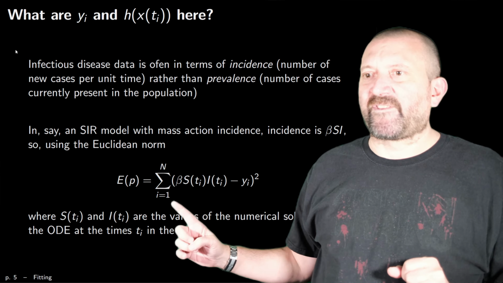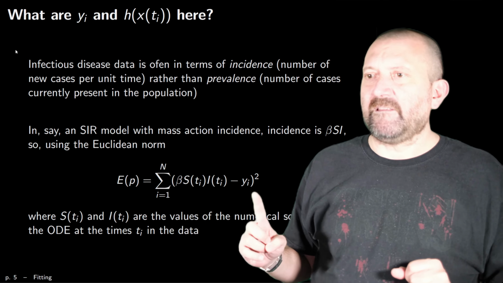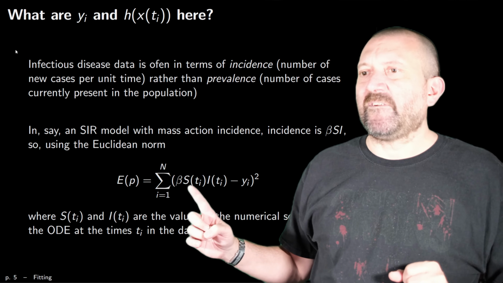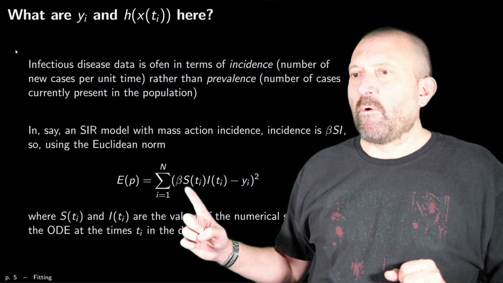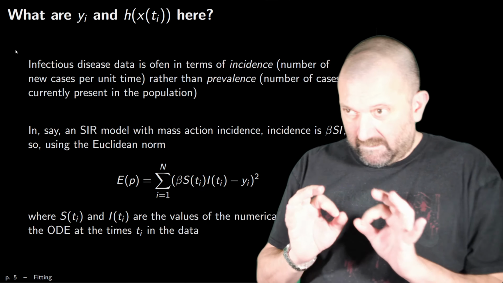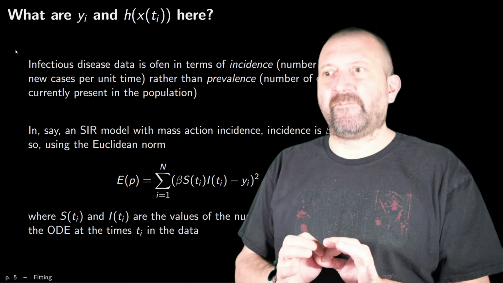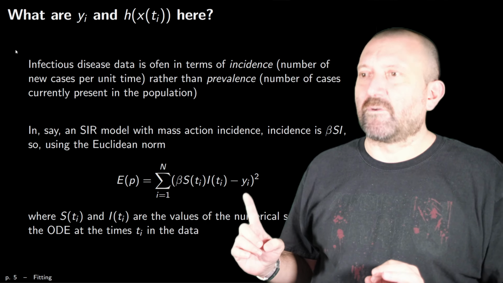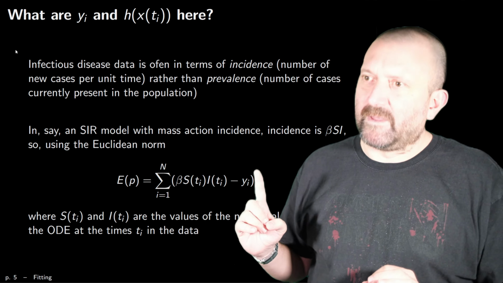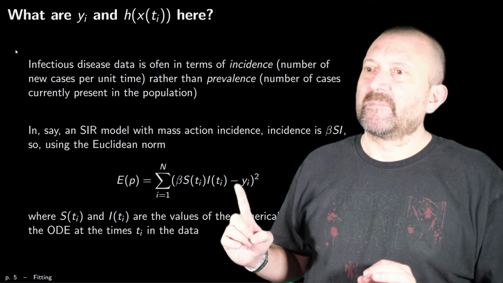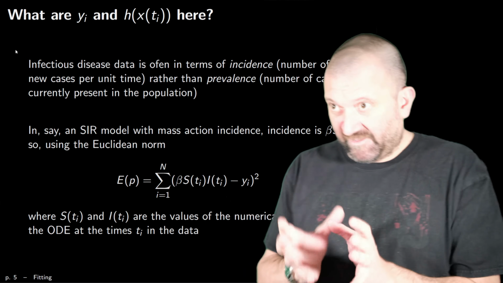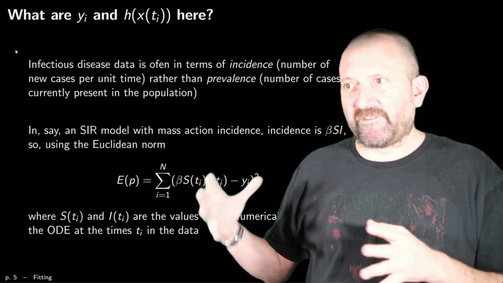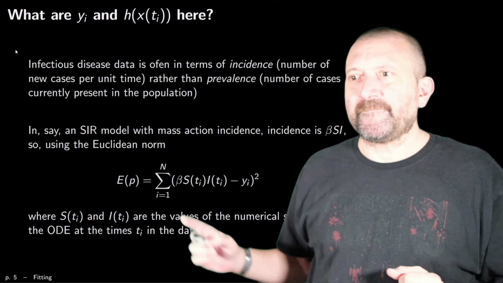I would have the sum over all data points, the ti's and yi's, of beta S of ti times I of ti, where this S and I are obtained by solving the ordinary differential equation of the model, minus the corresponding number of new cases, squared, because this is the Euclidean norm, the sum of the squares of the differences between the vector entries.